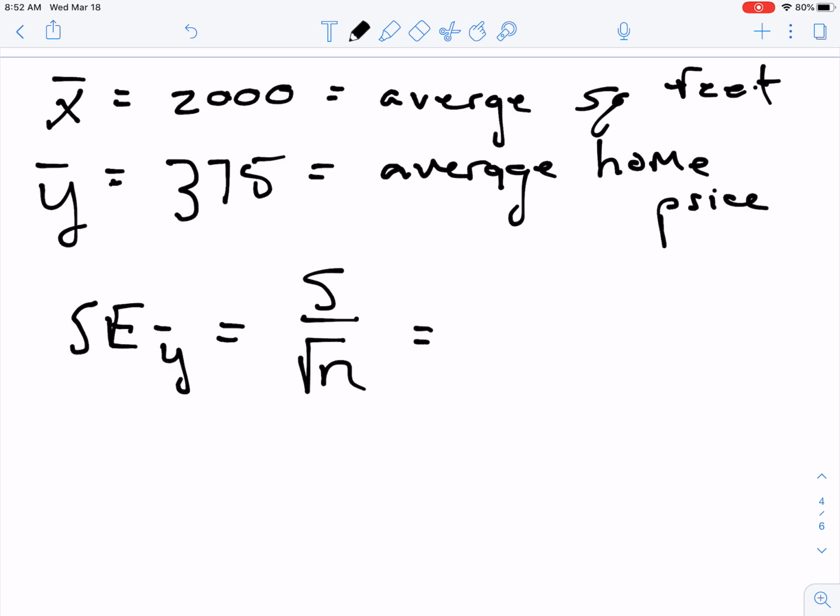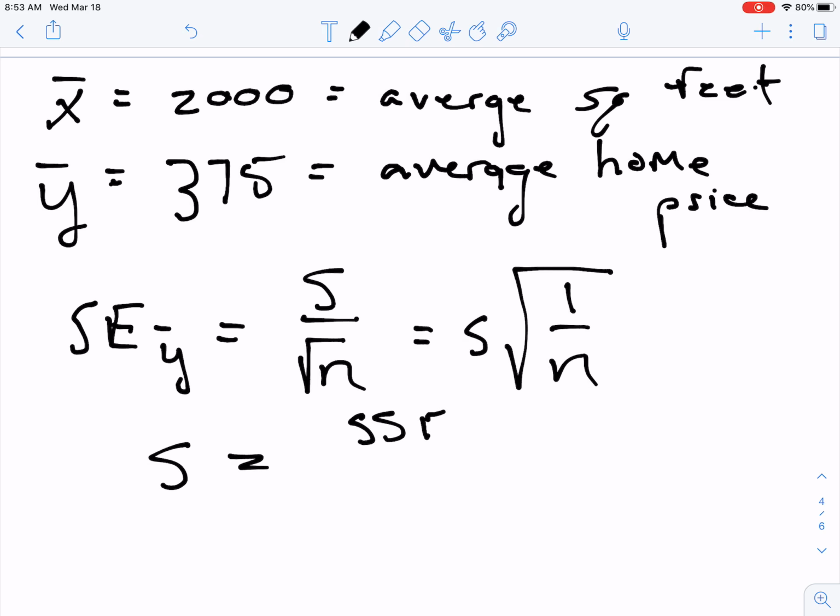We're going to write this as s times the square root of 1 over n, because this is going to help us think about some other things in a little bit, but those are exactly the same equation. And in the context of regression, s, the standard deviation, which is actually now called the standard error of regression, is going to be calculated a little bit differently, and you'll have to remember how to do that. So that's going to be s equals the square root of the sum of squared errors, which we've gone over how to calculate before.